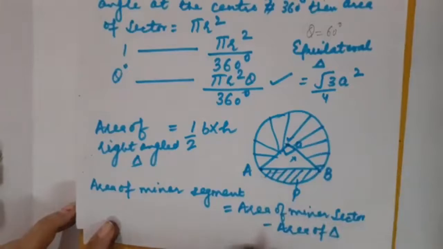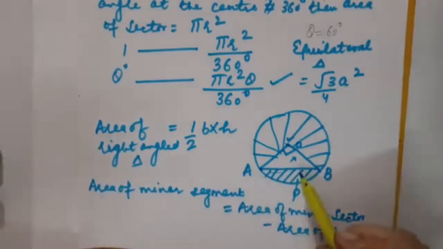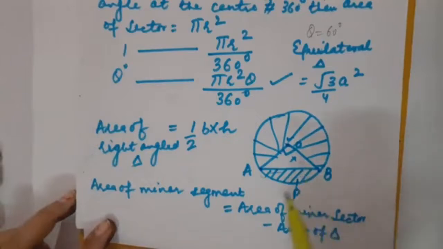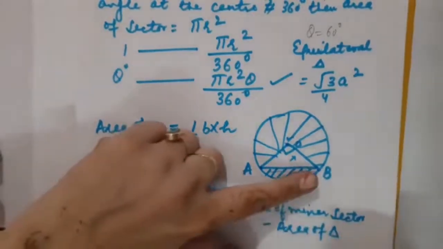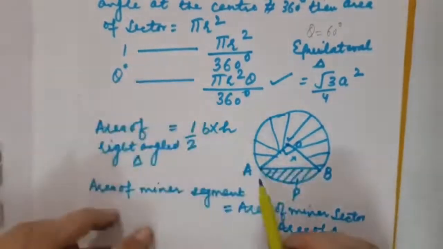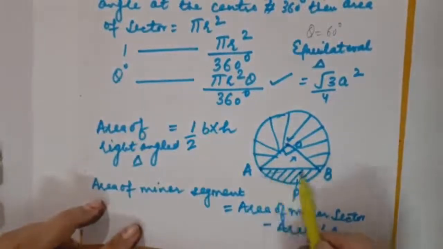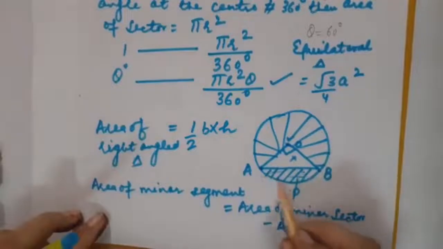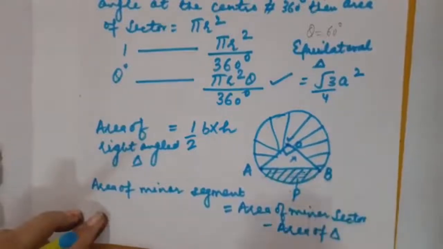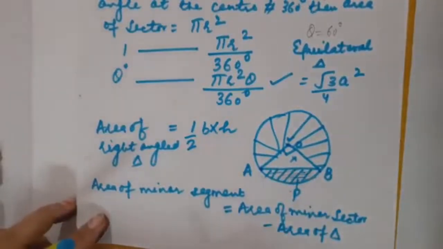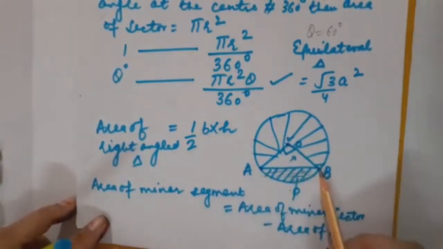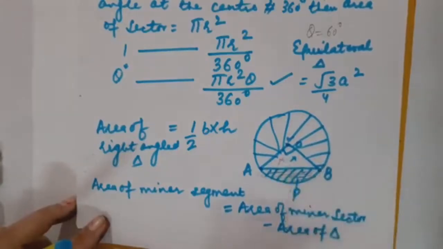In the same manner, children, if I ask you how to calculate the area of the major segment now, excluding this part, this is APBA. You are not going to include this part. So exclude it. What is to be done for that? I am going to make you recall the steps. Number 1, you will be calculating the area of sector first. Subtract the area of triangle.